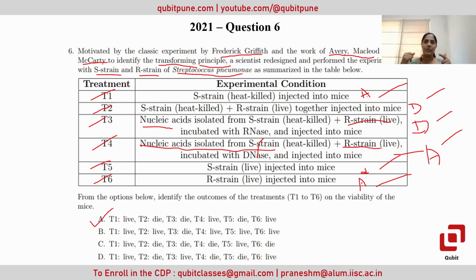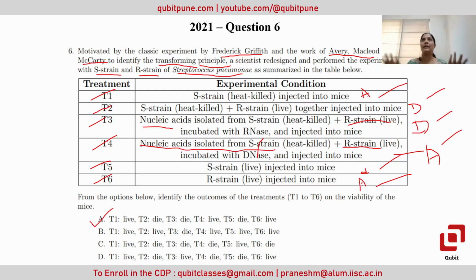For this particular question, you need to remember the basic characteristics that we have. The S strain is virulent, meaning disease causing, and the R strain is avirulent. If the heat-kill situation is there, the classic example is already there. And the two extra cases they have put forth are T3 and T4. RNase will not have any effect on the DNA, but DNase has an effect, which can shear it.